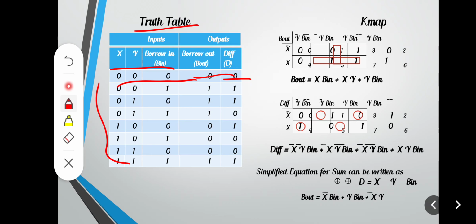Then in the next case, 0 minus 0 is equal to 0 and 0 minus 1 is equal to 1 with 1 as borrow. That means in the next row this difference output and the borrow output both are 1.